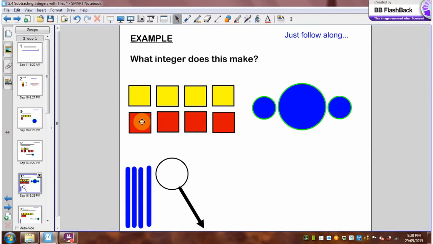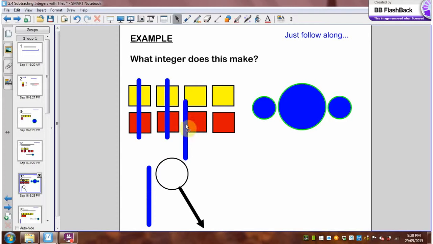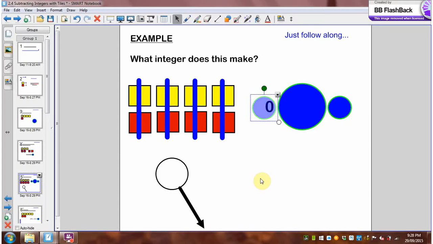If I was to look at this and say what integer it is, I'd start canceling out my pairs. So we got yellow and red, yellow and red, yellow and red, yellow and red. So how many tiles do we have left over? We have no tiles left over. So what integer does this make? 0.